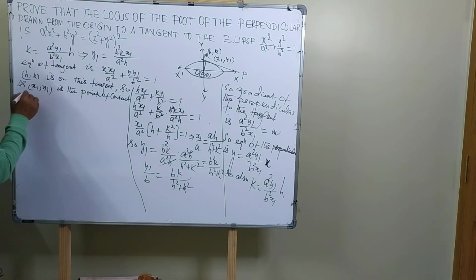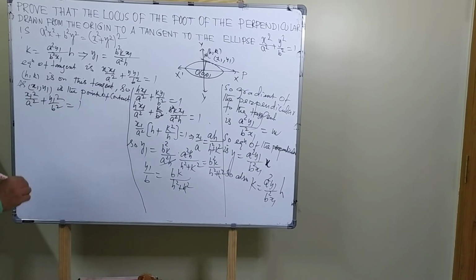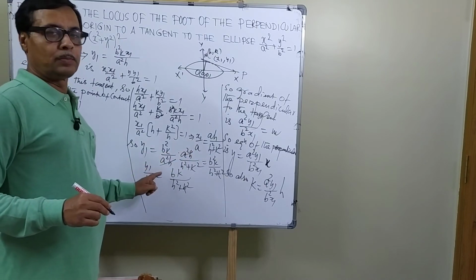So we get x1 square over a square plus y1 square over b square equal to 1, and we have already got the values of x1 over a and y1 over b.